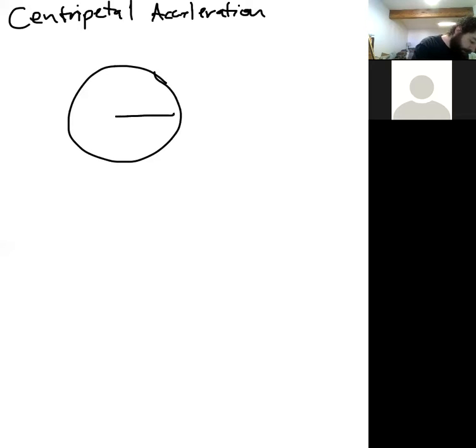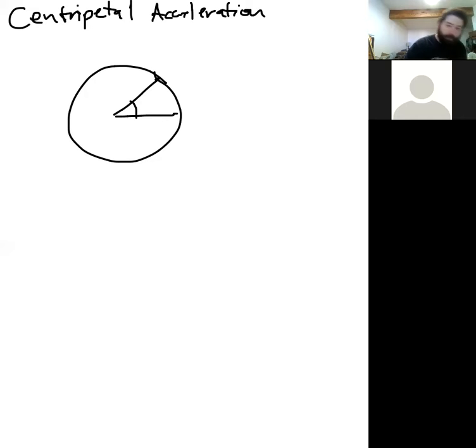Okay, hopefully that's clear enough to see. This is going to be circular motion again, so I want to have a good circle there. That's probably good enough. Then we're going to have basically the same as before.